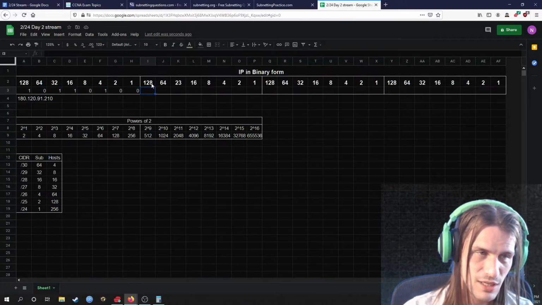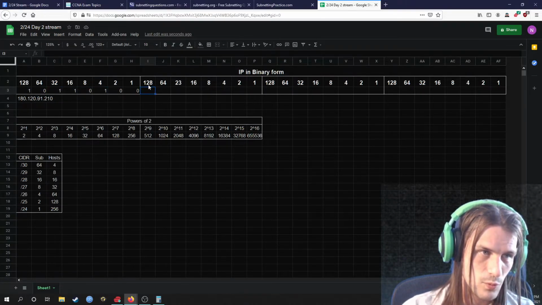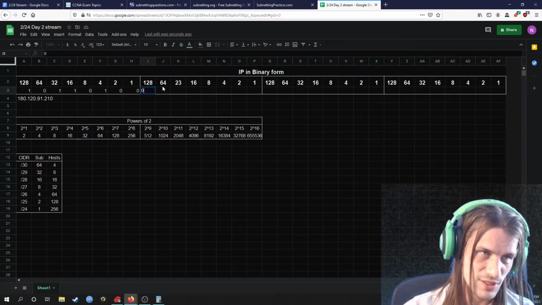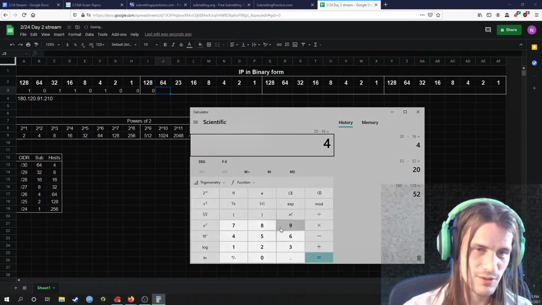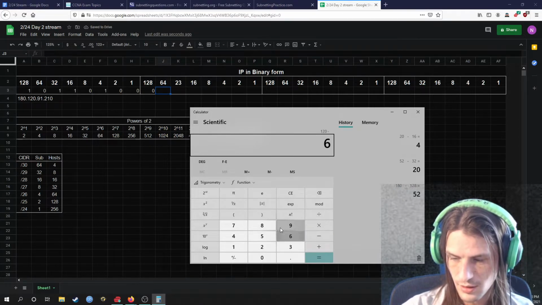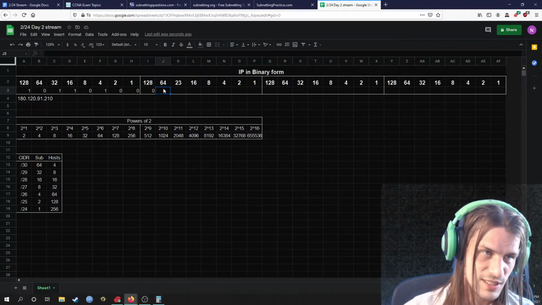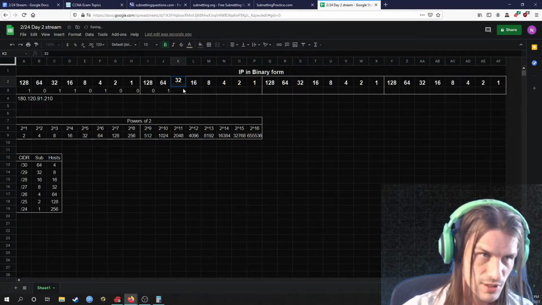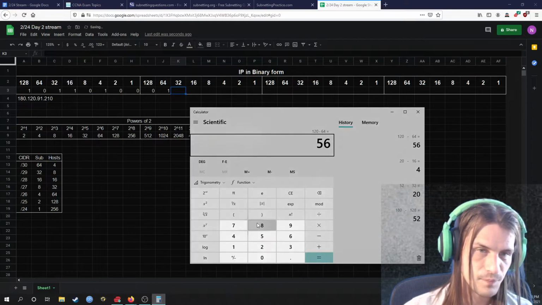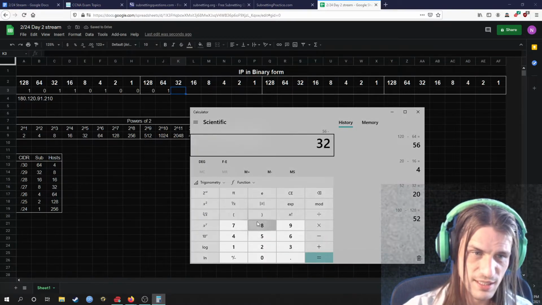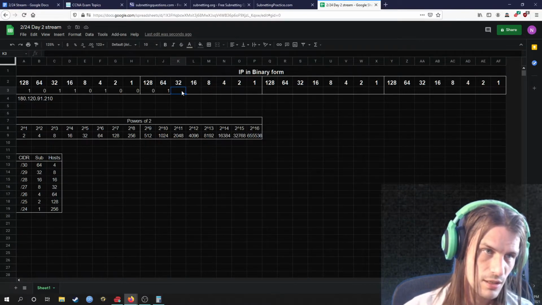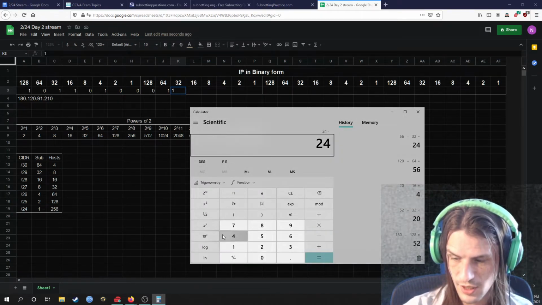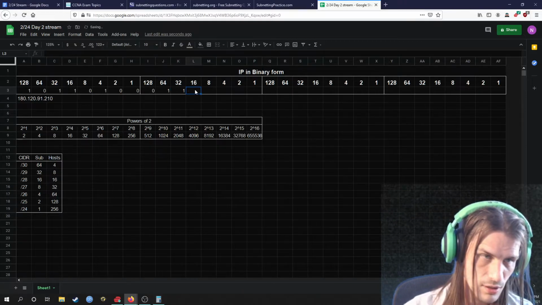And then 120. 128 can't come out of 120, so this would be a 0. 64 can certainly come out of 120. That would leave us 56 left over. Why is this? It should be 32 up here. 32 can come out of 56. 16 can come out of 24.